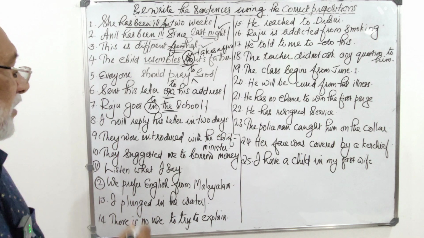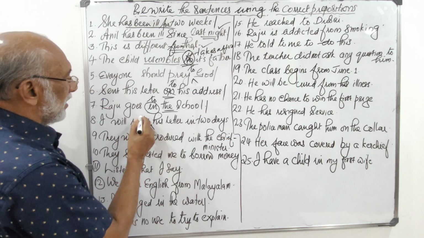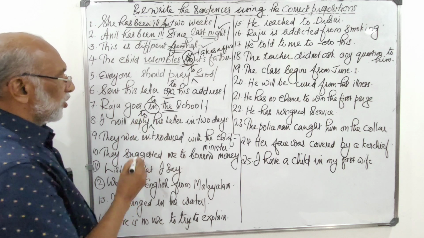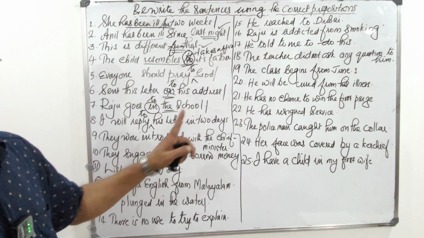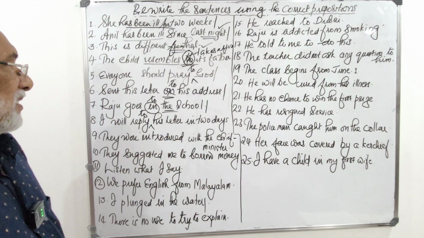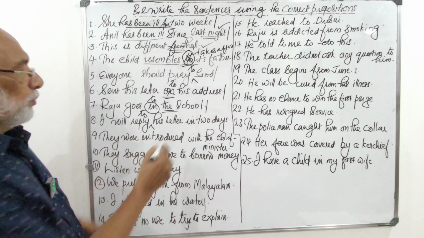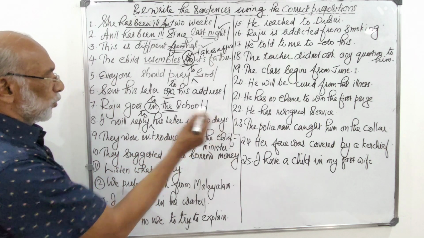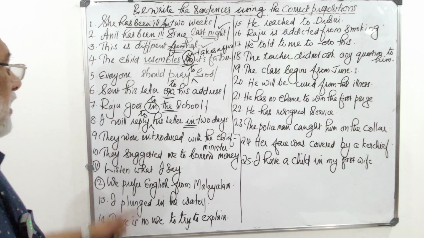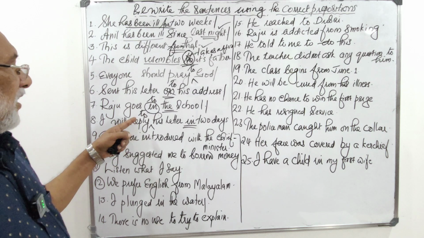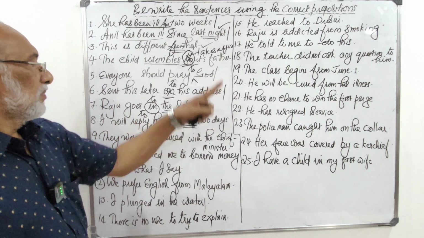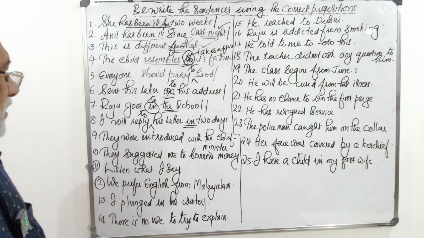That should be "to", so a preposition is missing here. I will reply to his letter in 2 days. That is the correct one. The other things are correct. This preposition is correct, in 2 days. That means within 2 days.